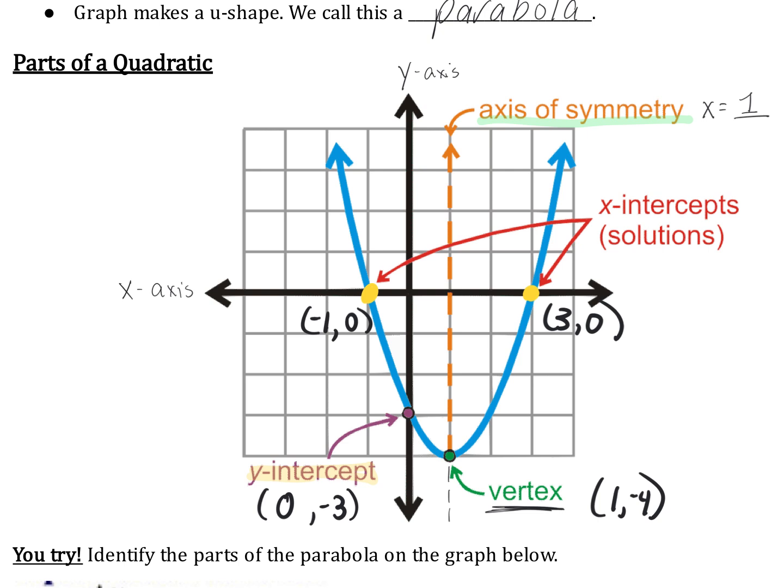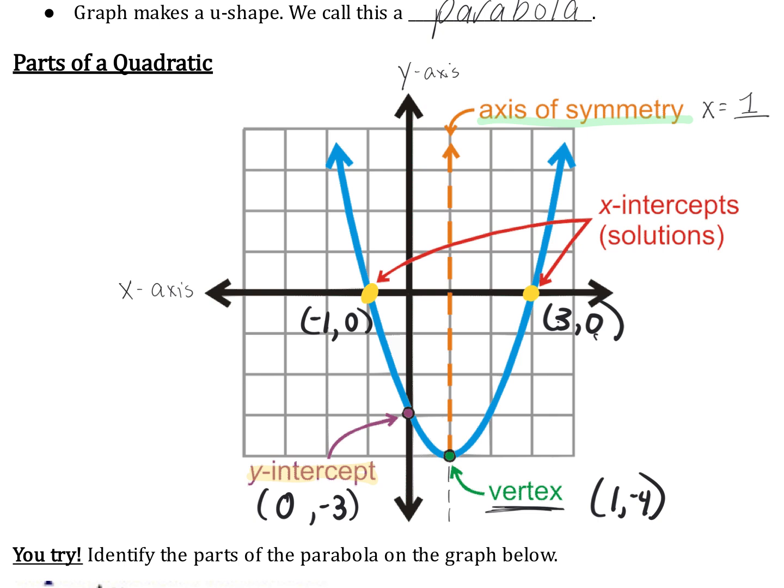Just like when we did lines, you have an x-axis, a y-axis, a y-intercept and an x-intercept. If you're looking for x, you're going to have a number for x, and 0 will always be your y. But for your y-intercept, it's flip-flopped: 0 for x, and a number for your y-intercept. So when I say x-intercept, you know where to look: on the x-axis.